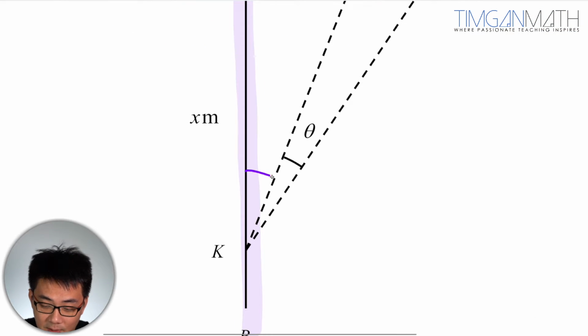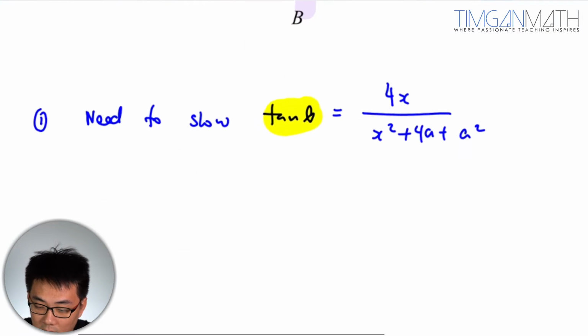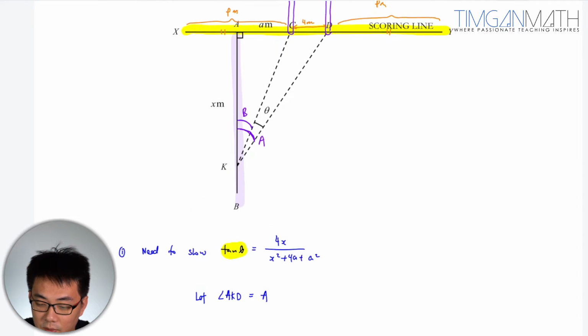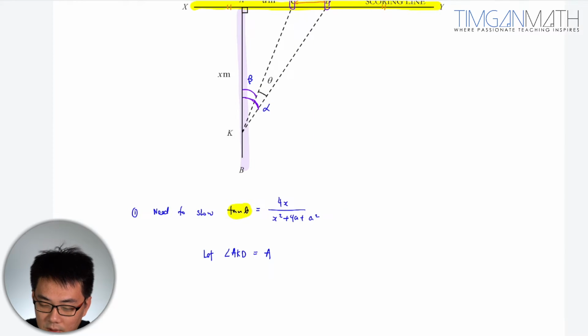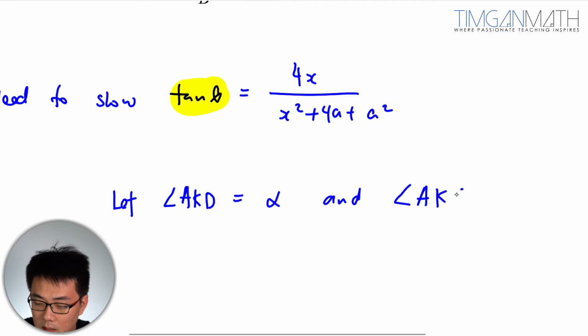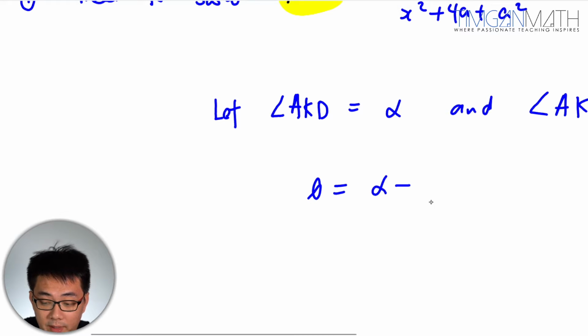So I'm going to let angle AKD equal to alpha, and angle AKC equals to beta. Now from here, I can express theta as a difference of two angles, alpha minus beta.